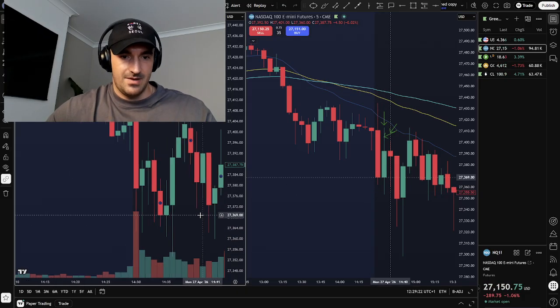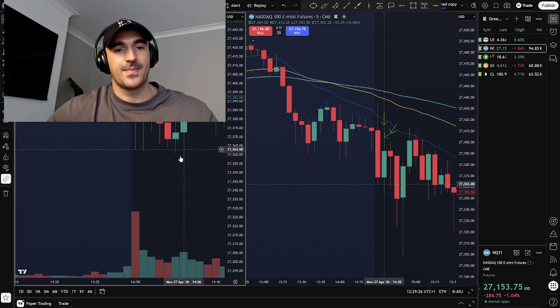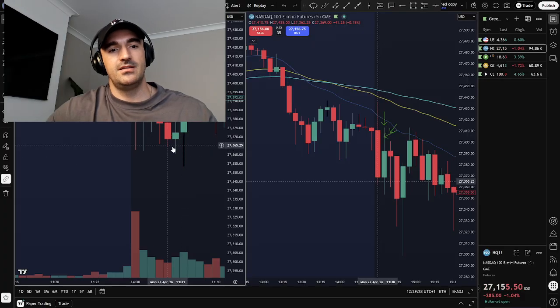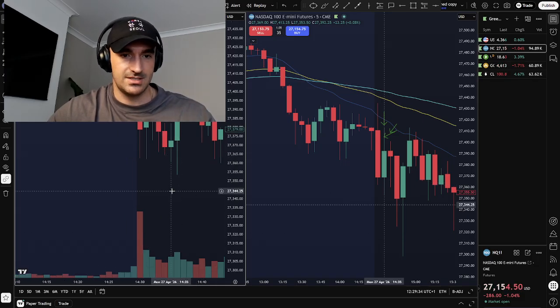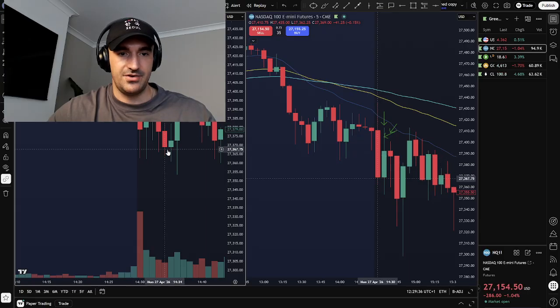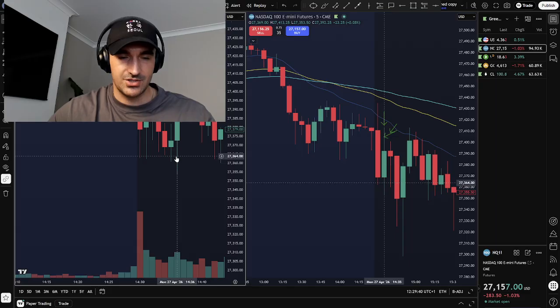But I got caught because the buyers defended the low of the range. This is a small, let's say a mini range. As you can see, the bearish candles have small volume, but the bullish ones have bigger volume.